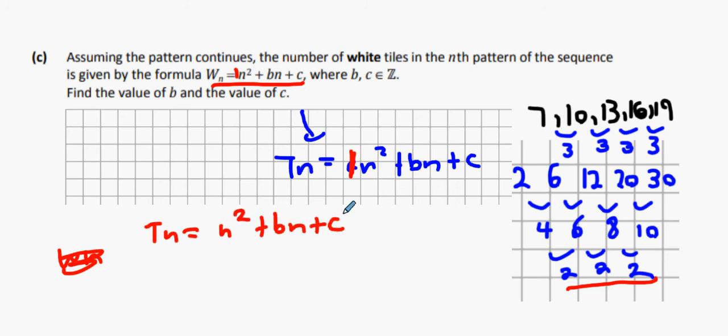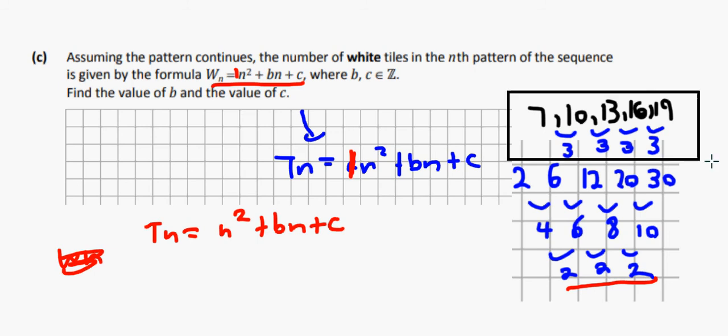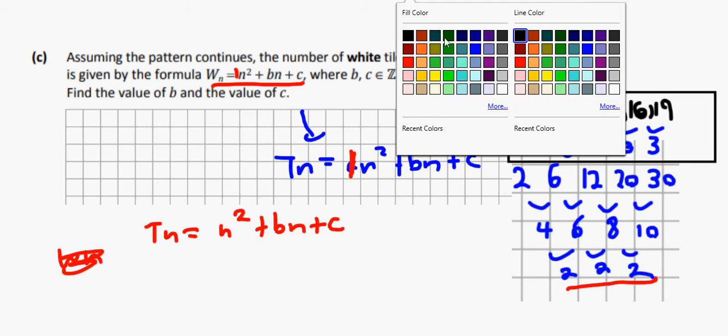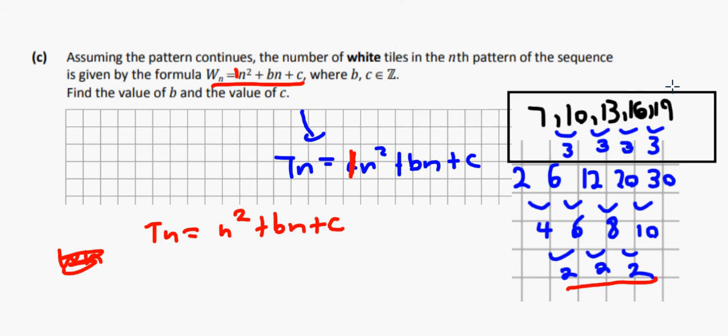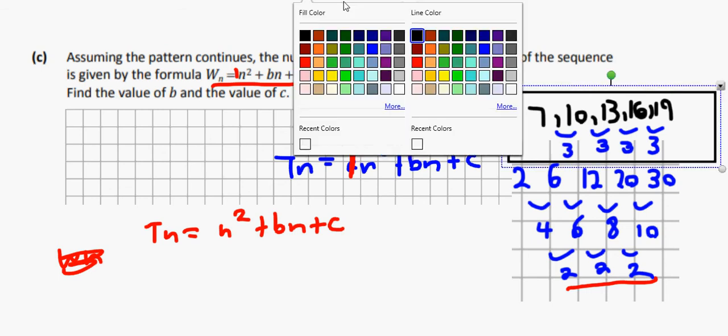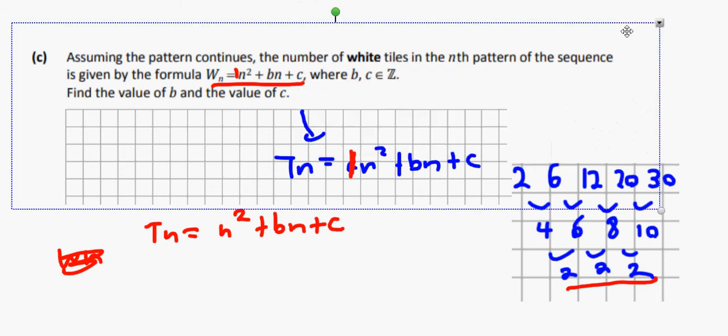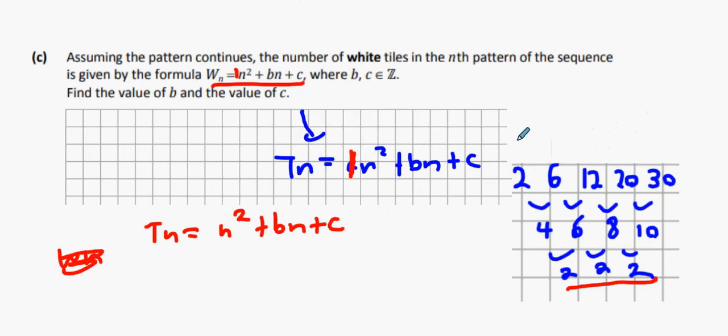Now, what value is T1 in the quadratic sequence? What is the very first term in the quadratic sequence? 2. T1 is 2, T2 is 6, T3 is 12.